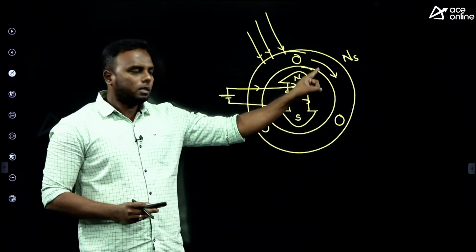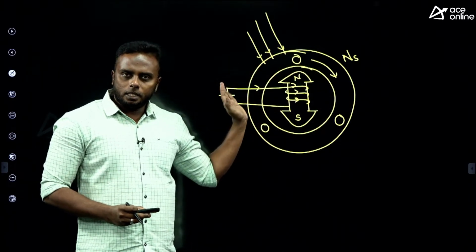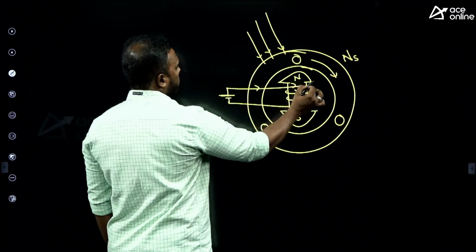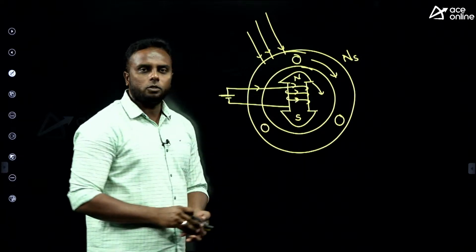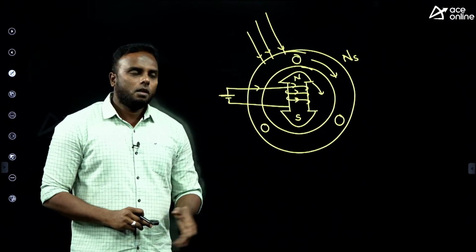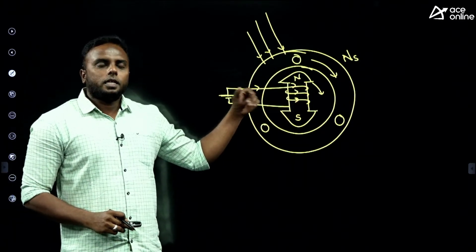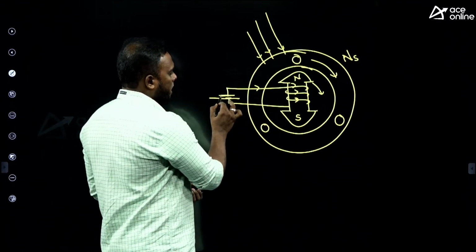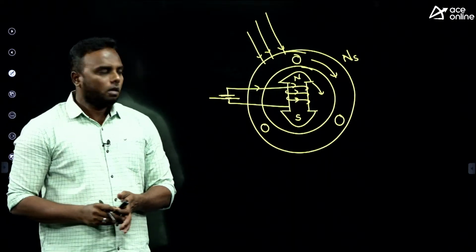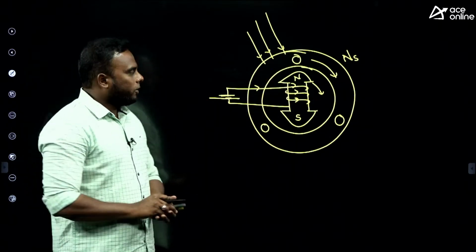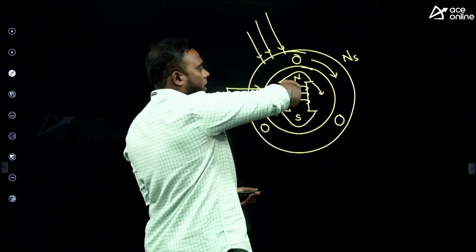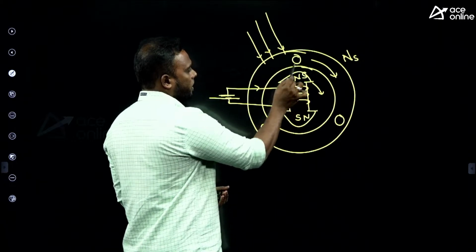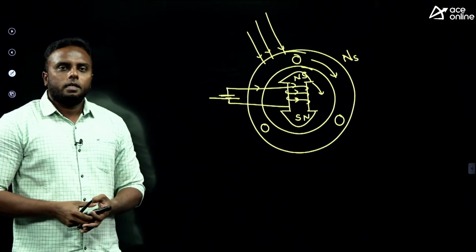As the RMF rotates clockwise, the rotor also will rotate clockwise due to magnetic locking. Now let us change the direction of field current. Now this is made positive and this negative. Field current reverses, flux will be downward, so here north will come, here south will come. Poles will interchange.